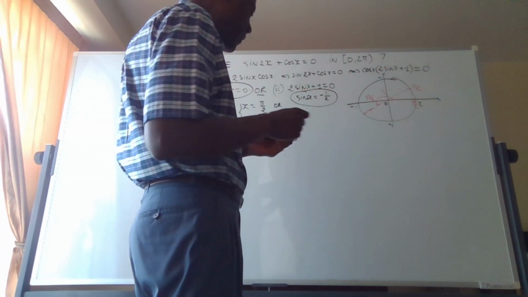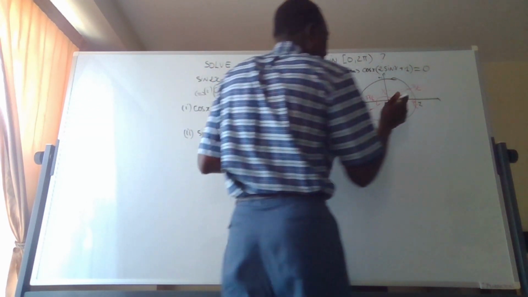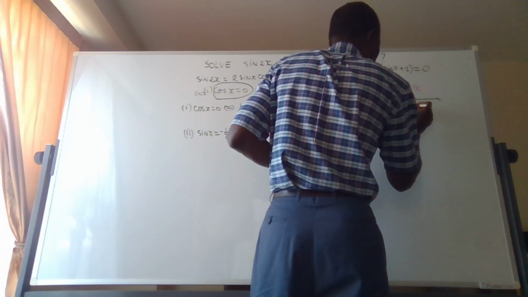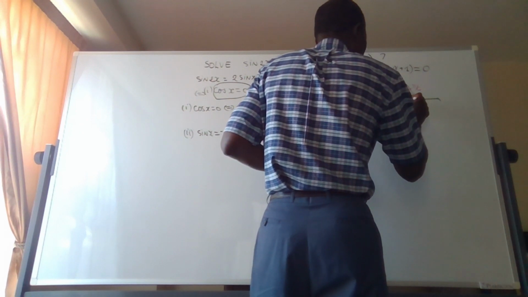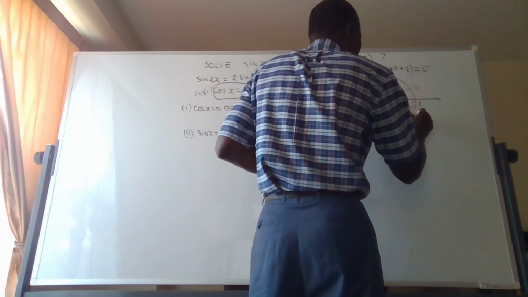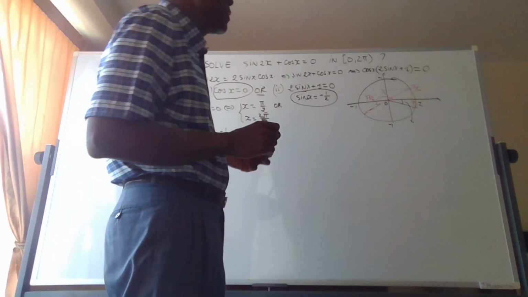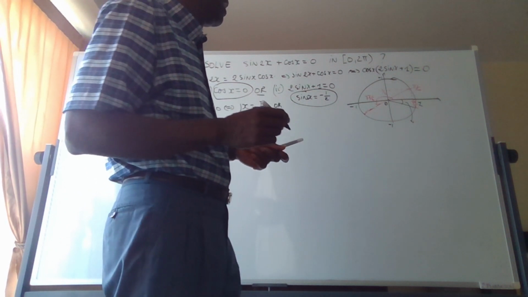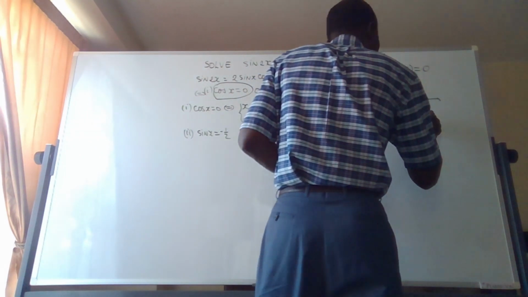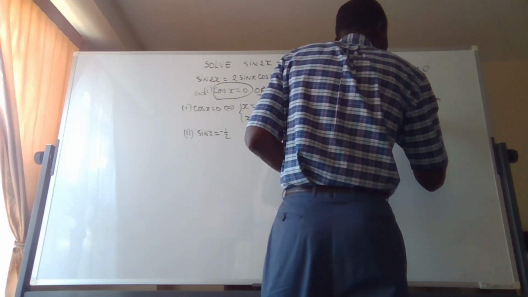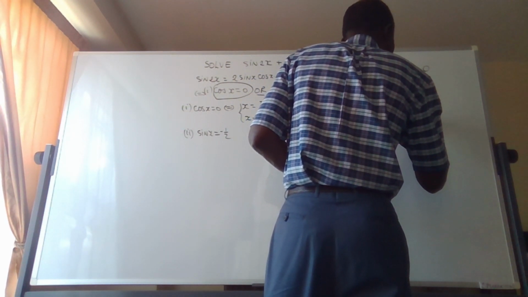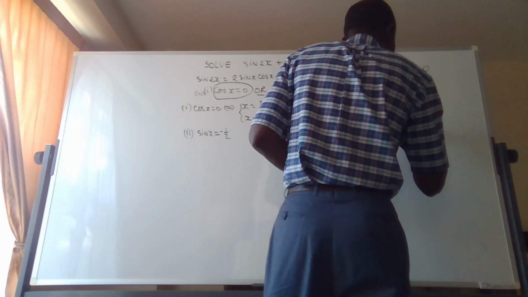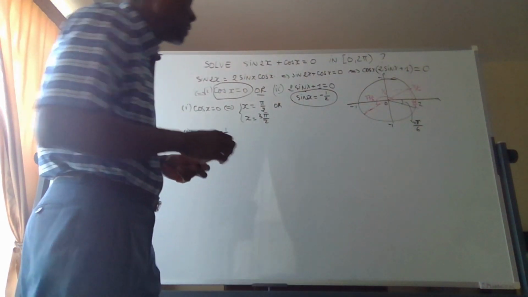And also this other angle is 2 pi minus pi over 6, which is 11 pi over 6.